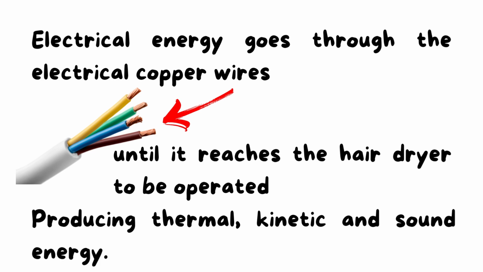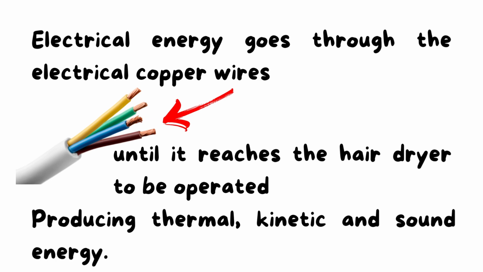So here the electrical energy goes through the wires until it reaches the hair dryer to be operated, to be switched on, and then produce what? As we said at the beginning of this lesson, yes, produce thermal energy, as it produces hot air, and kinetic energy and sound energy.